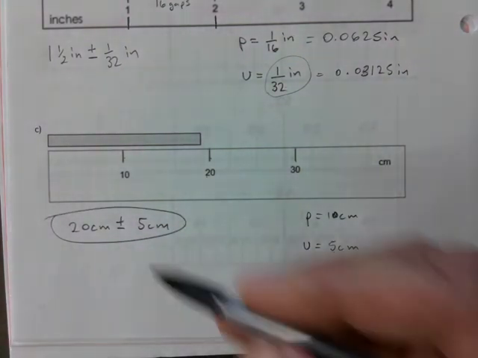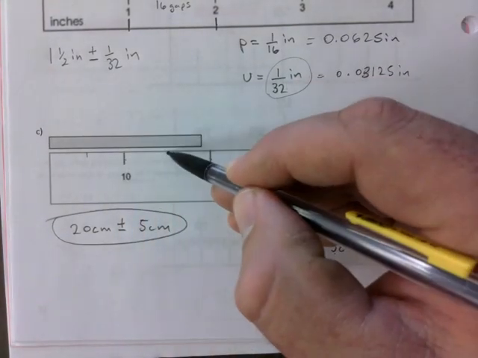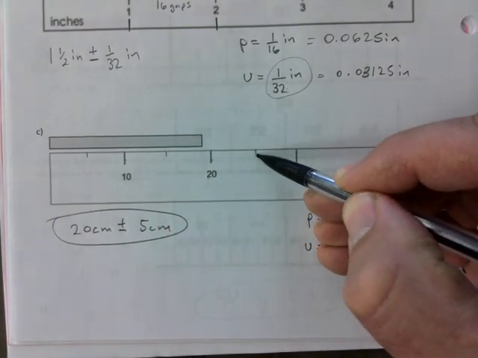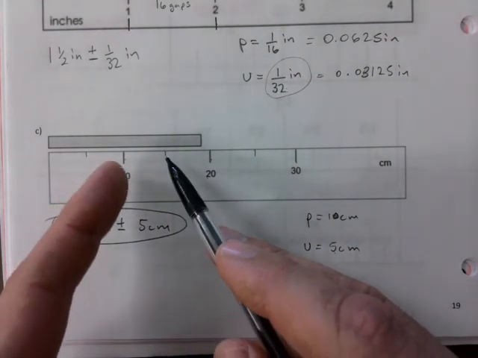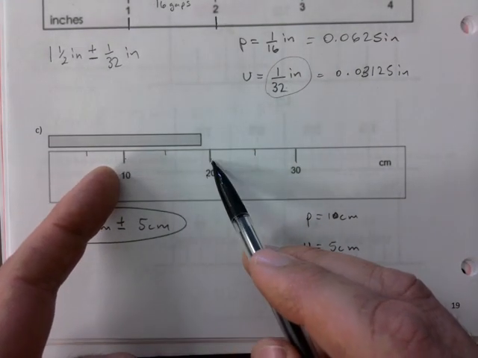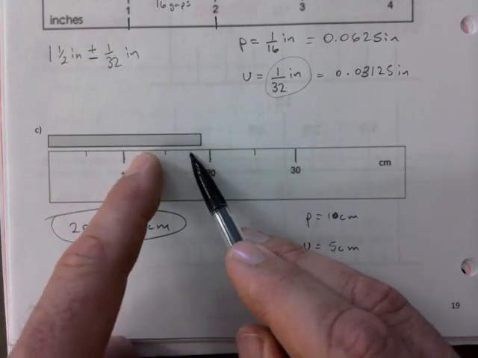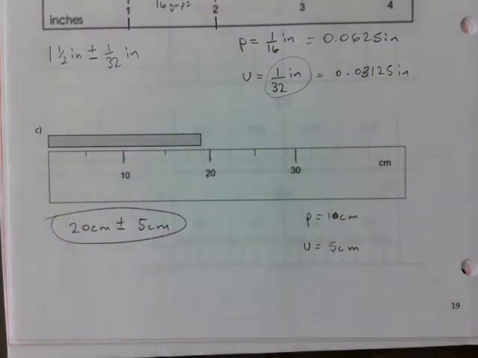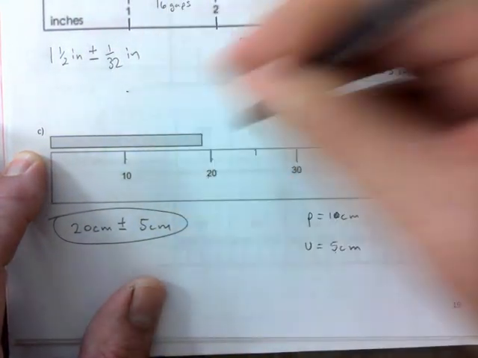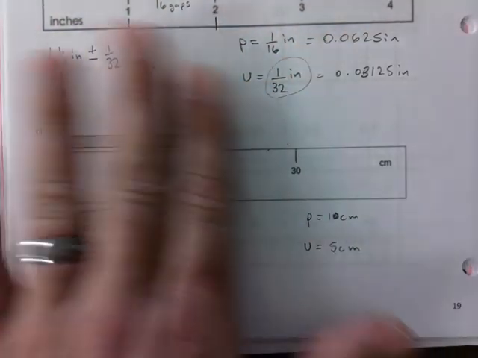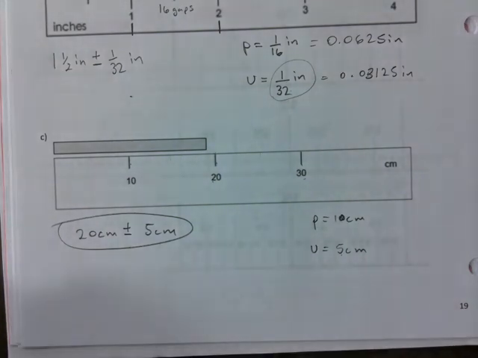What would be the precision of this device if I had done this? Precision is now 5, right? Because it's 20, so this is 10 divided by 2 gaps, 5, right? I'm going to erase that because we don't want to confuse ourselves, but it can change just like that.